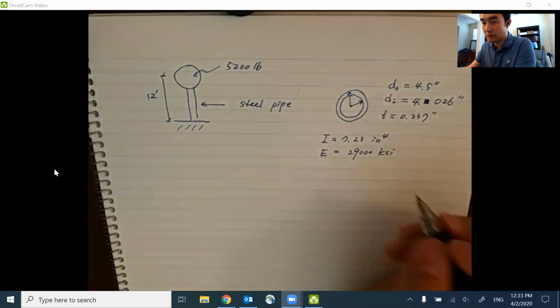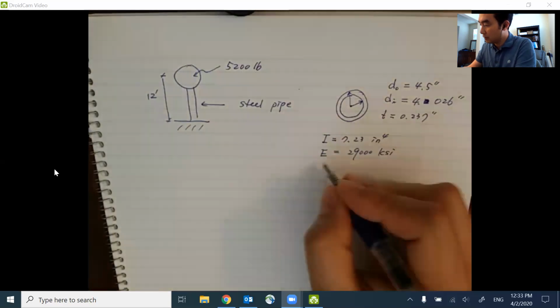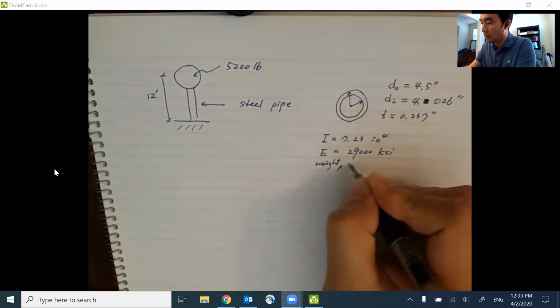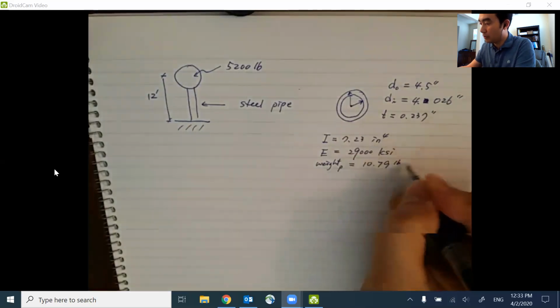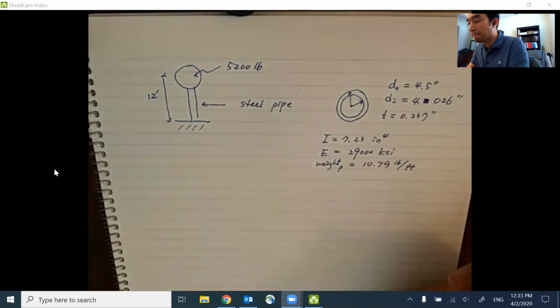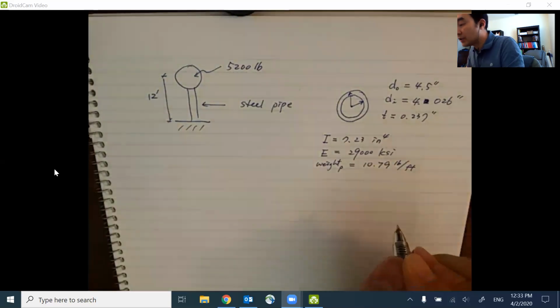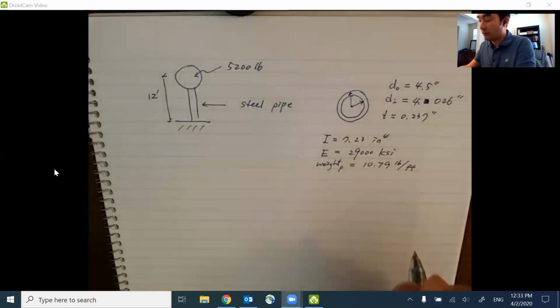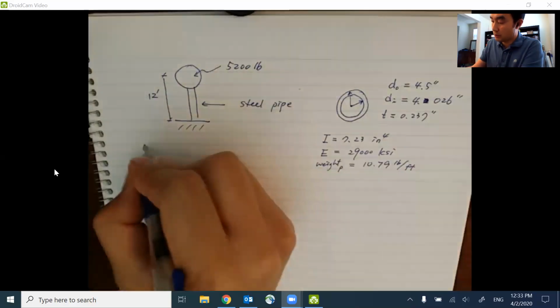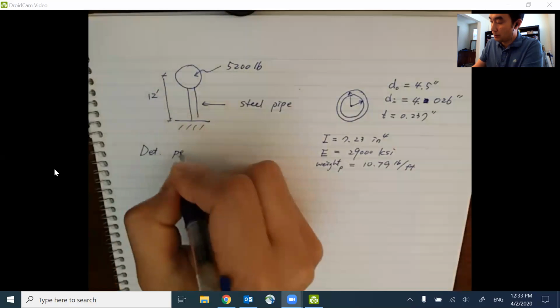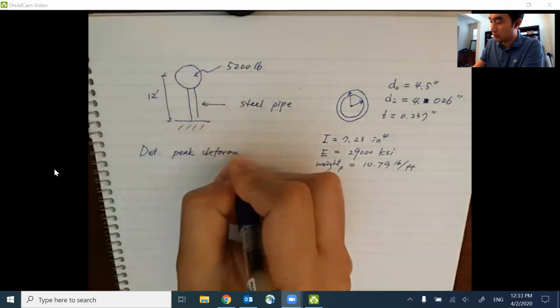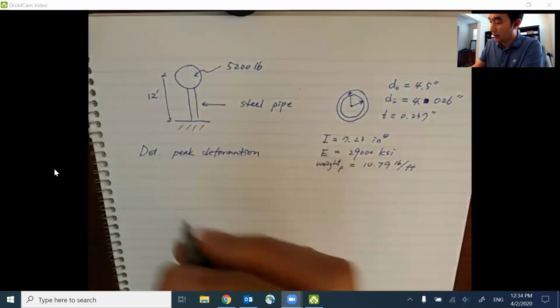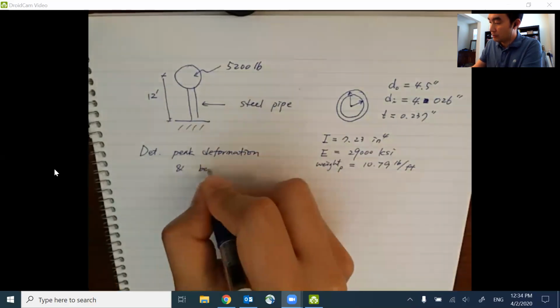And the weight of this pipe is given as 10.79 pounds per unit length, which is feet. So the question is: determine the peak, the maximum deformation, and bending stress.